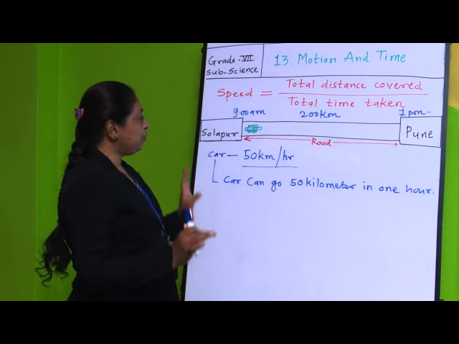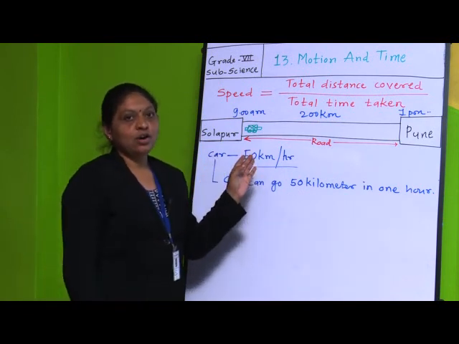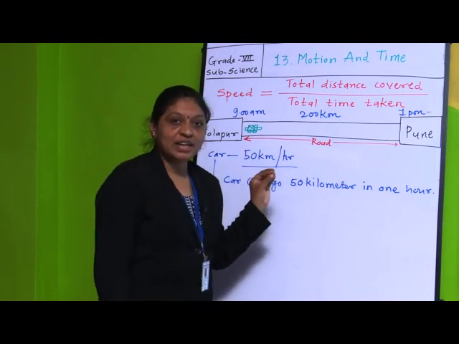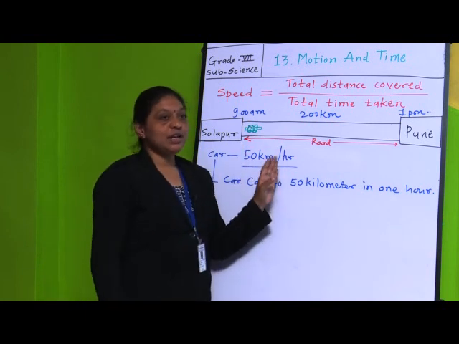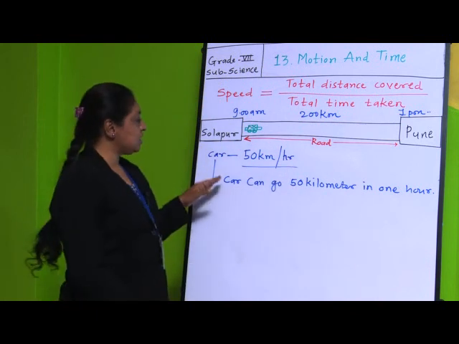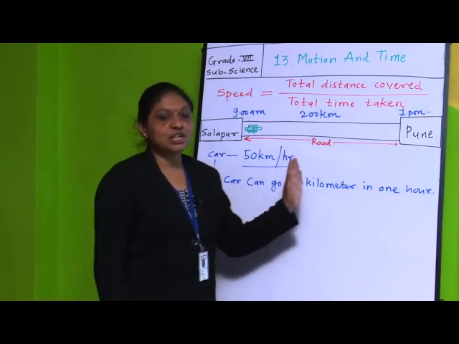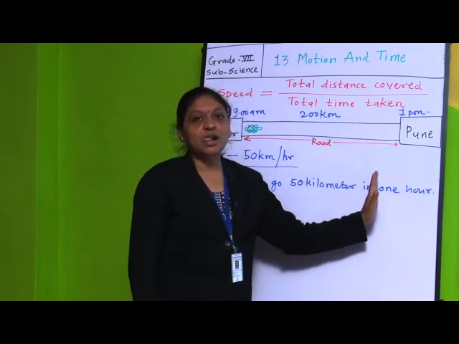It means if we decided that this car has a speed of 50 kilometers, which is covered in 1 hour, and suppose it started at 9 am, then it should reach the 50 kilometer distance after 1 hour.